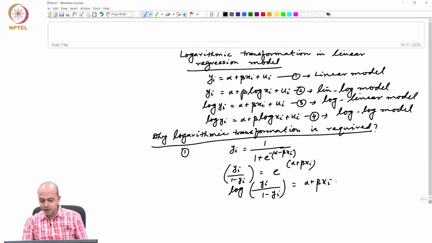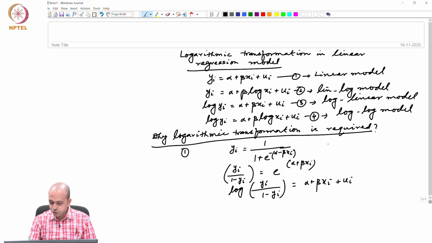You can add the stochastic error term here, then you can easily estimate this model using linear estimation technique. So, one reason for logarithmic transformation is to overcome the nonlinearity between your yi and xi.